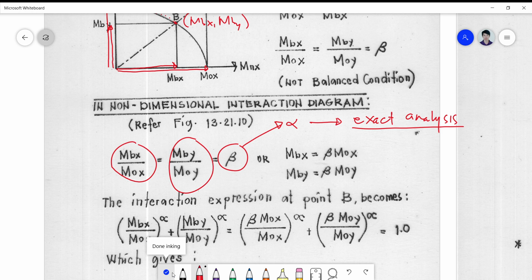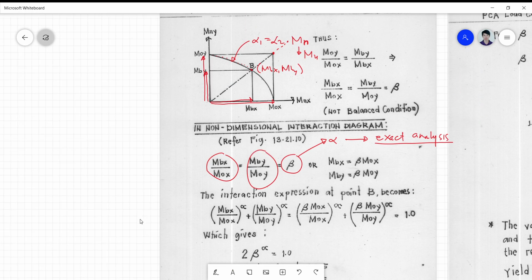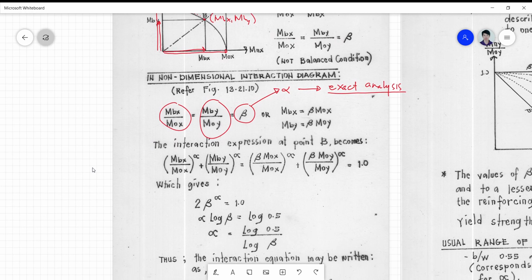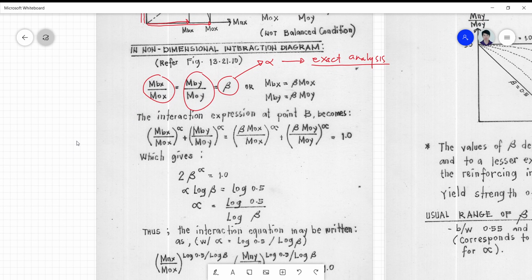Para pag nag-design kayo ng column, mas confident kayo na tama yung design nyo at hindi over-design.